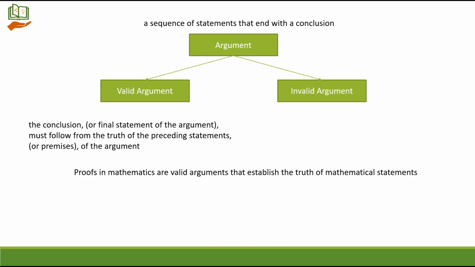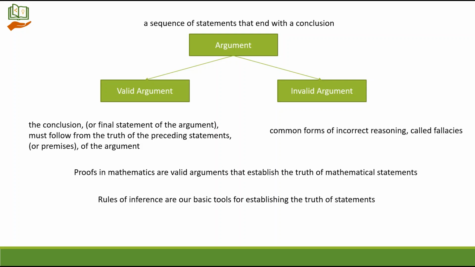Proofs in mathematics are valid arguments that establish the truth of mathematical statements. Whenever you have proofs for certain theorems, you can find the step-by-step establishment using some kind of rules. Rules of inference are the basic tools for establishing the truth of statements. So what about an invalid argument then?